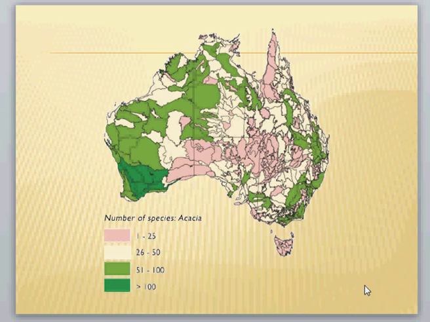So wetter areas, and pretty much all of Australia is quite warm, wetter areas tend to have higher numbers of species of this particular taxa.